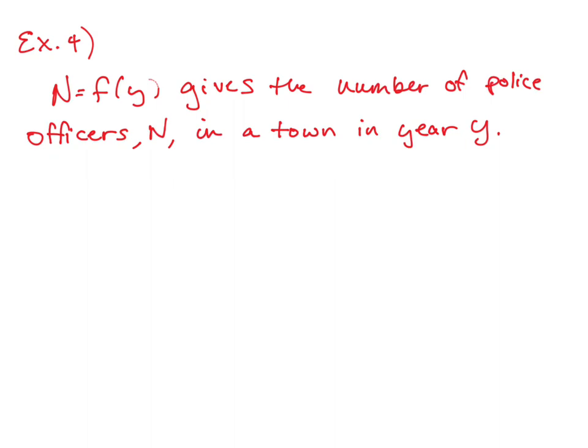Okay, so help me understand this statement. This says f of 2005 is equal to 300. What is that saying?